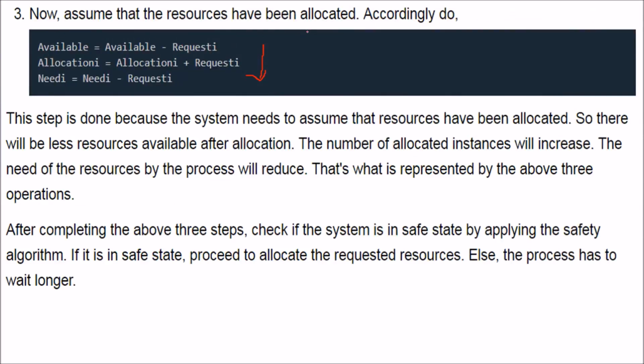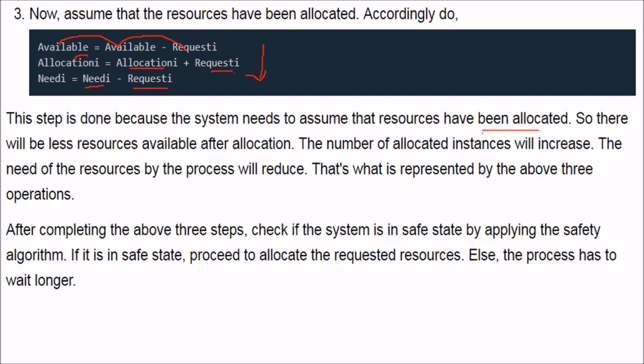Then in step 3, assume that the resources have been allocated. So Available will be equal to Available minus Request. Allocation I will be Allocation I plus Request I, and Need I will be Need I minus Request I. This is done because the system needs to assume that these resources have been allocated.